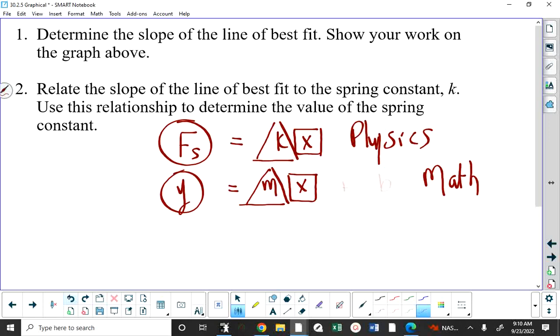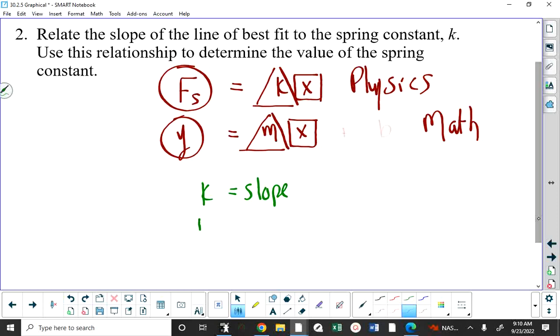So the conclusion out of this is that k equals the slope, but we've determined the slope was, my brain wants to say 22.3. Was that what we got? Okay. And that's the spring constant.